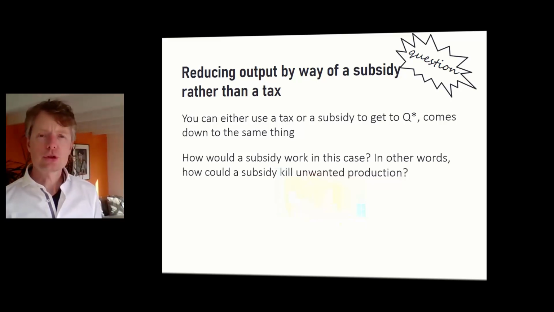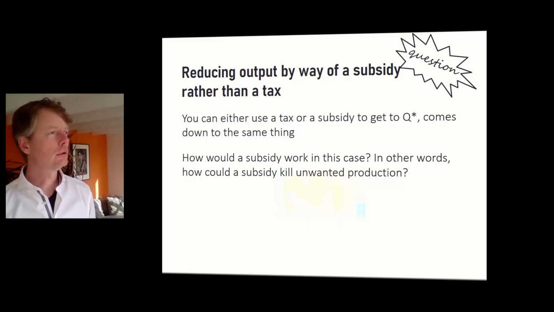Now, how would such a subsidy work in this case? Let's put it differently. How would a subsidy help to kill trades with high seller costs and low buyer value? Think about it. Basically, we would have a subsidy of $20 per deal.